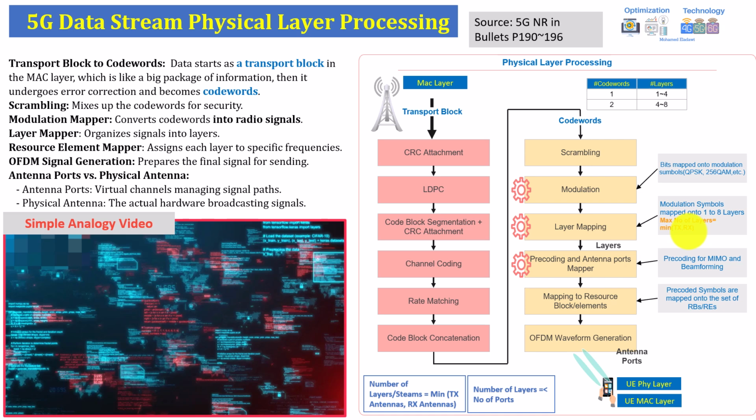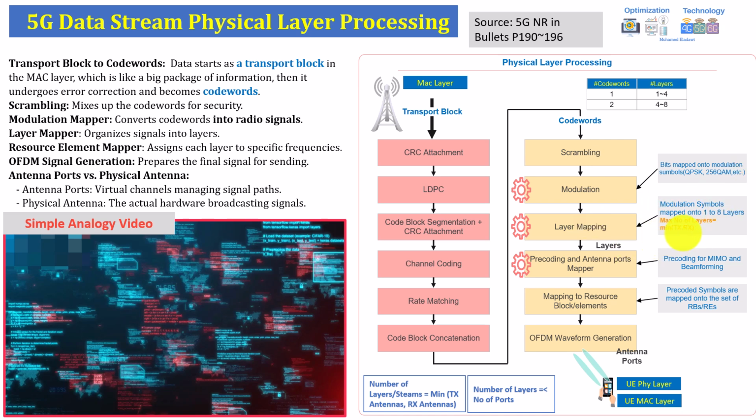But first of all, you need to understand that the maximum number of layers is determined by the minimum of Tx and Rx, which means, for example, if you have 4 transmitters or 64 transmitters, let's say 64 Tx on the gNB side, but you have only 8 on the UE side, then it will take the minimum of both of them.